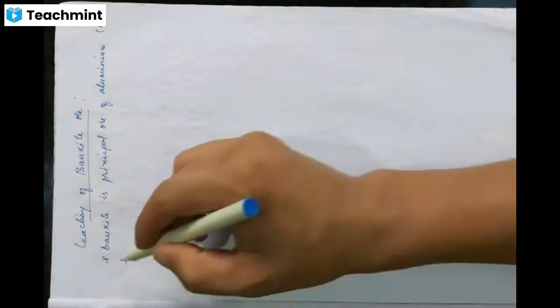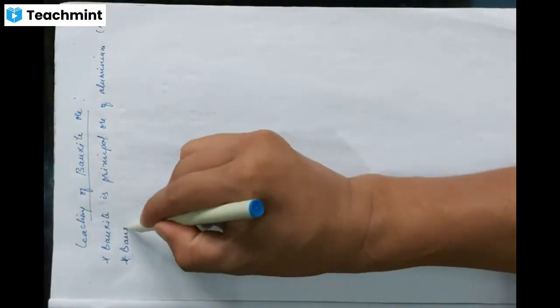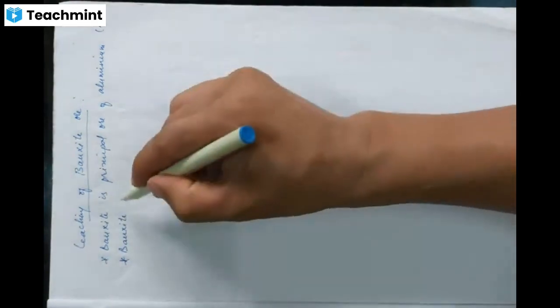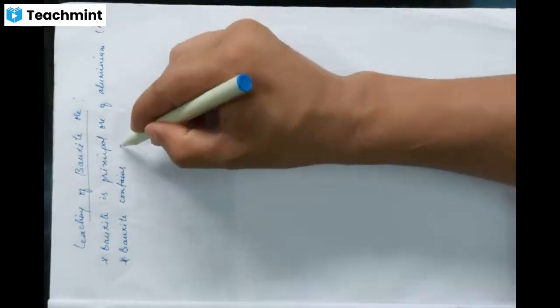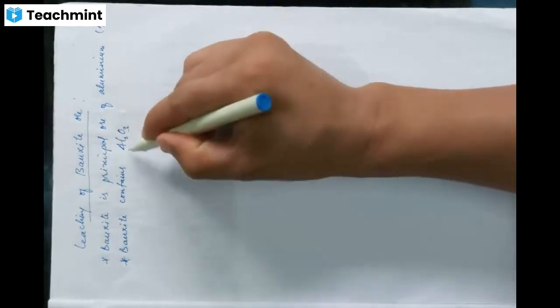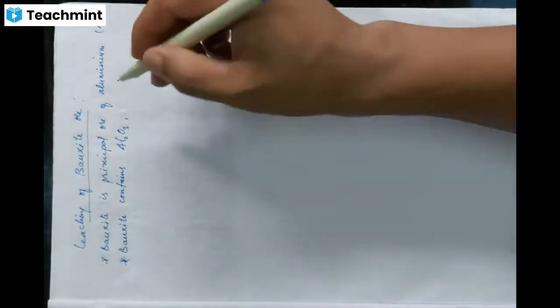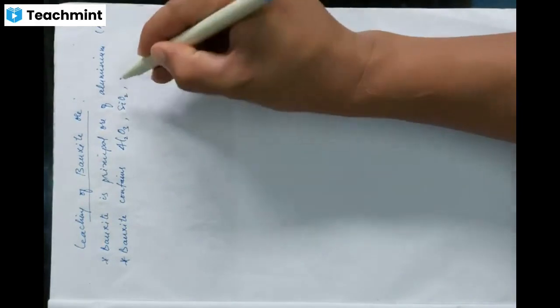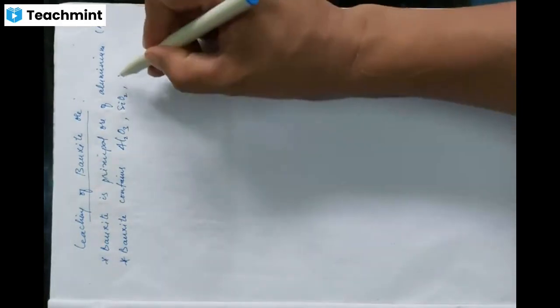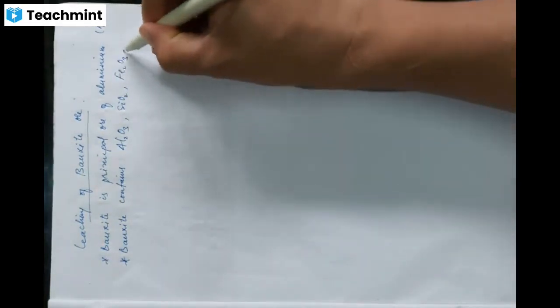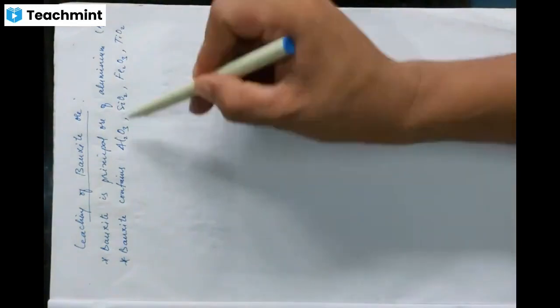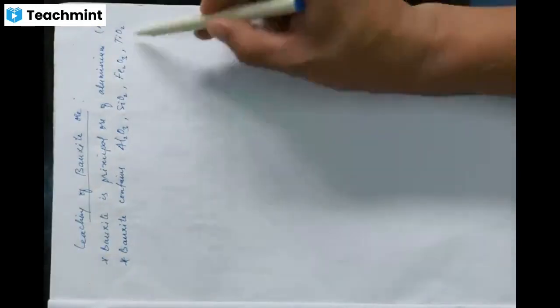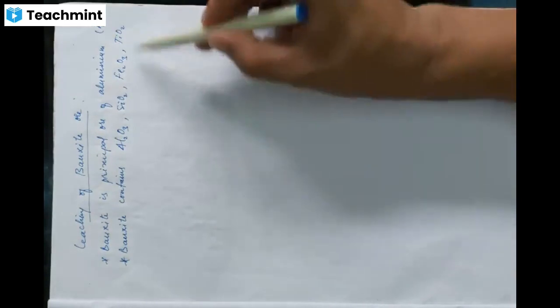Now, this bauxite contains aluminum oxide as the chief composition. Then we have silica, or silicon dioxide, sand, and then we have ferric oxide and titanium oxide too in small amounts. So for extracting aluminum, we have to remove these impurities.